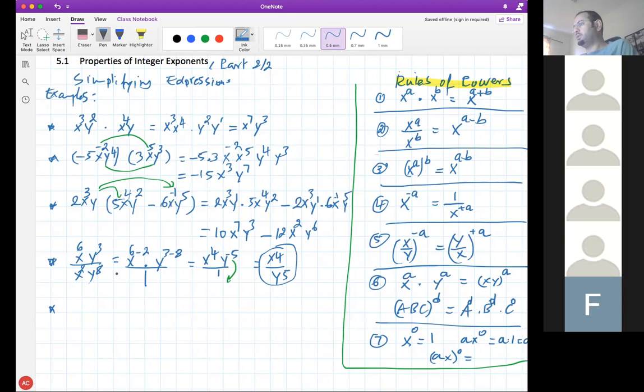For the next example, sometimes you may have regular numbers in the fraction. So you could have, for example, 15 over 35, and a couple of variables or more, it doesn't matter. The rule is the same.